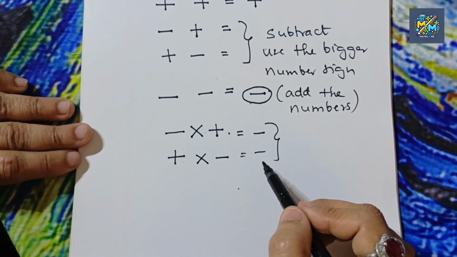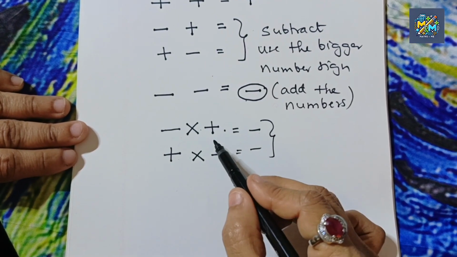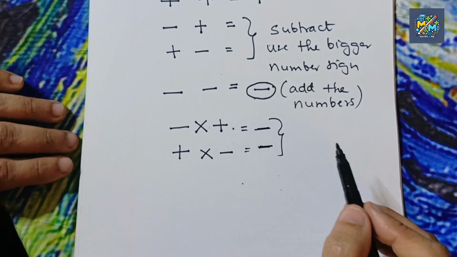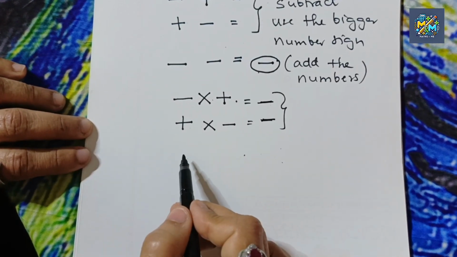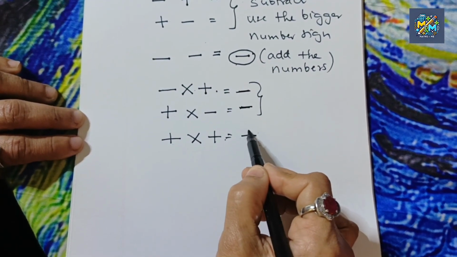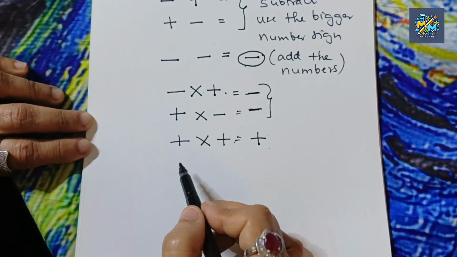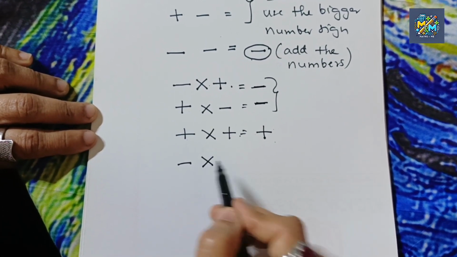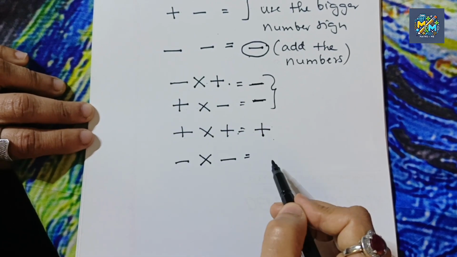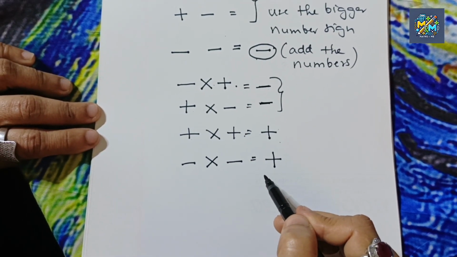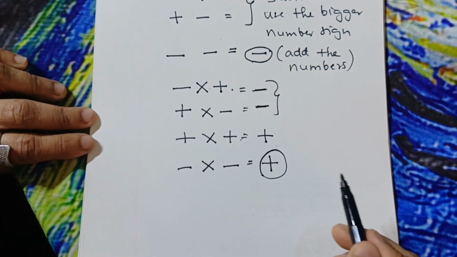Even though the bigger number's sign is plus, still you have to write the minus sign. After that, it is simple. Plus multiplied by plus will always be a positive answer. And last but not the least, minus multiplied by minus. The sign will change absolutely. The sign will be converted into a positive sign.